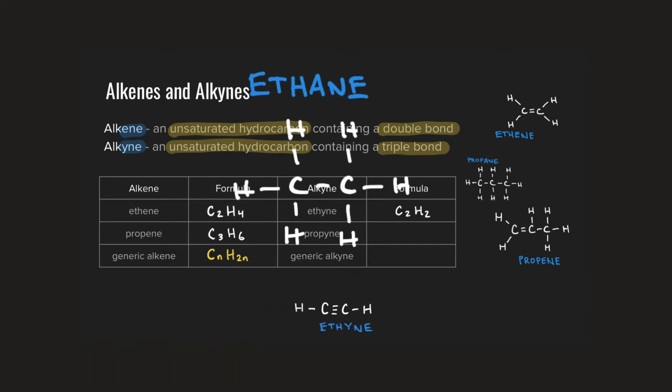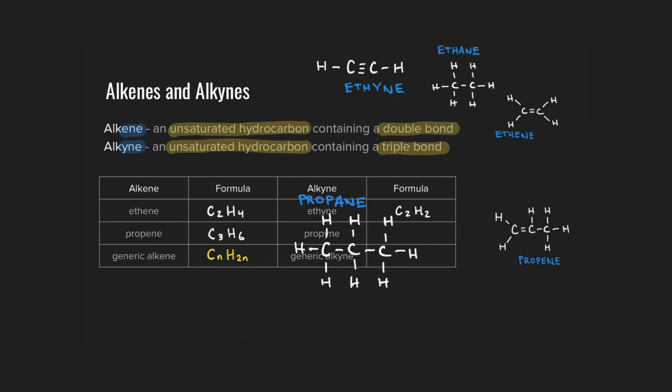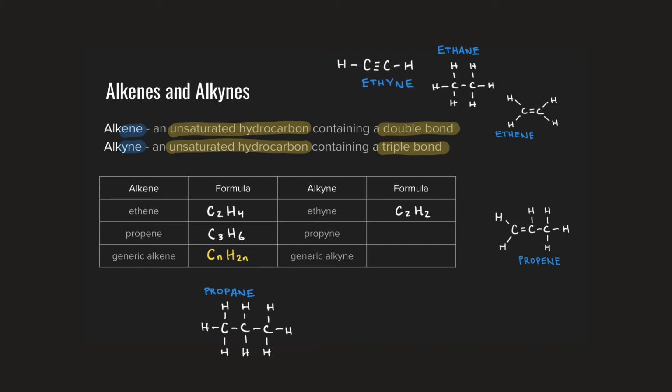Likewise, thinking about a 3-carbon alkane, which was propane, if we change it so we've got a triple bond between 2 of the carbons there, we end up with a new structure for our 3-carbon alkyne, and the formula of that 3-carbon alkyne is C3H4, which is the chemical formula for propyne.